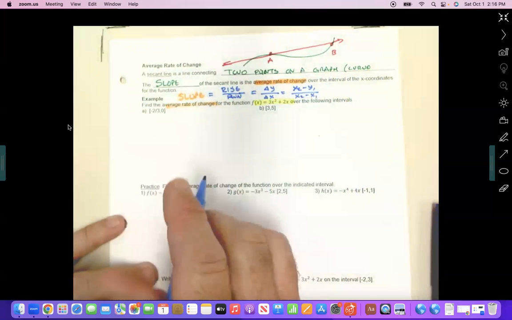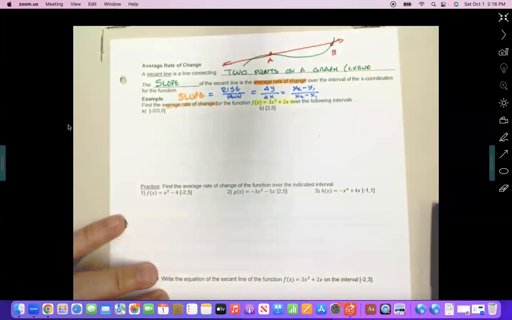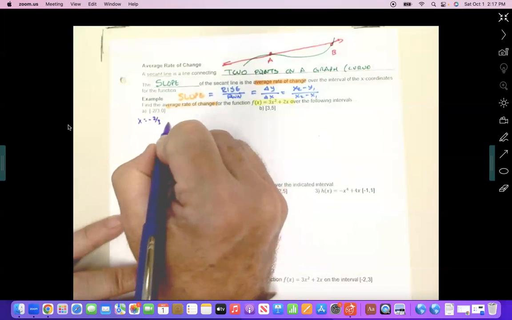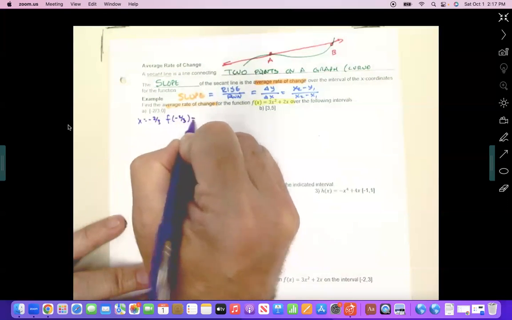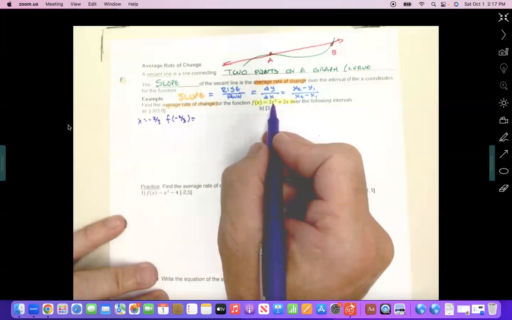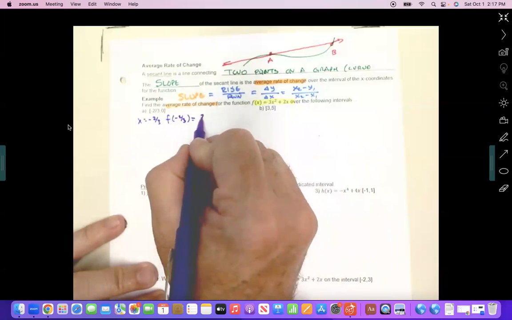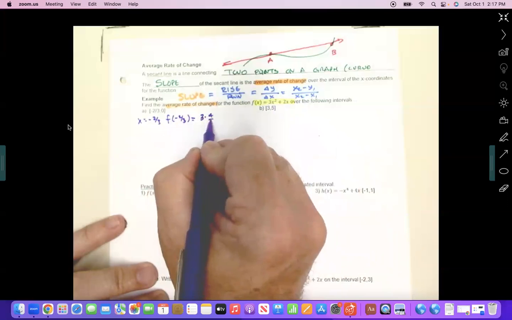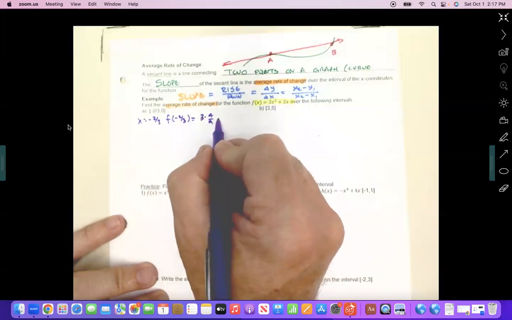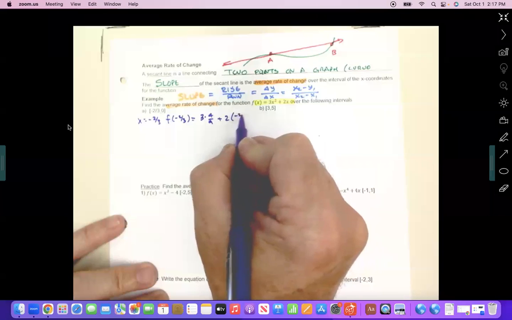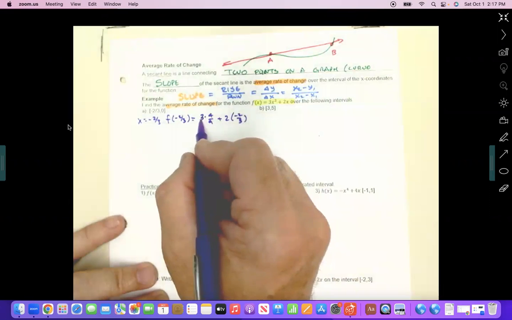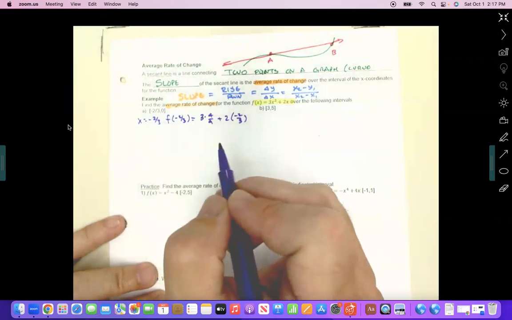So let's take a look on this interval. We'll need to calculate some y values. When x equals negative 2/3, we'll find f of negative 2/3, and negative 2/3 squared will give us 3 times 4/9, and then plus 2 times negative 2/3. 3 divided by 3 is 1. 9 divided by 3 is 3.